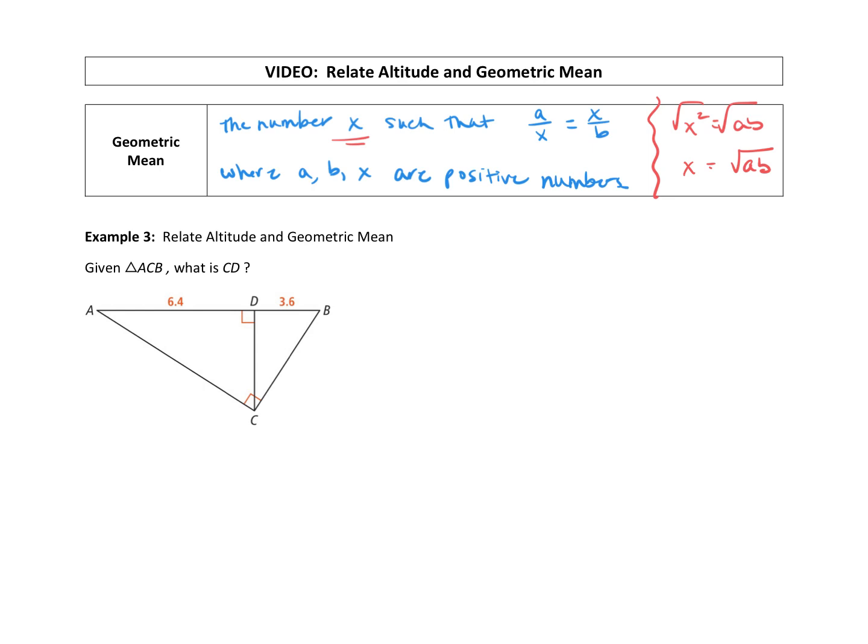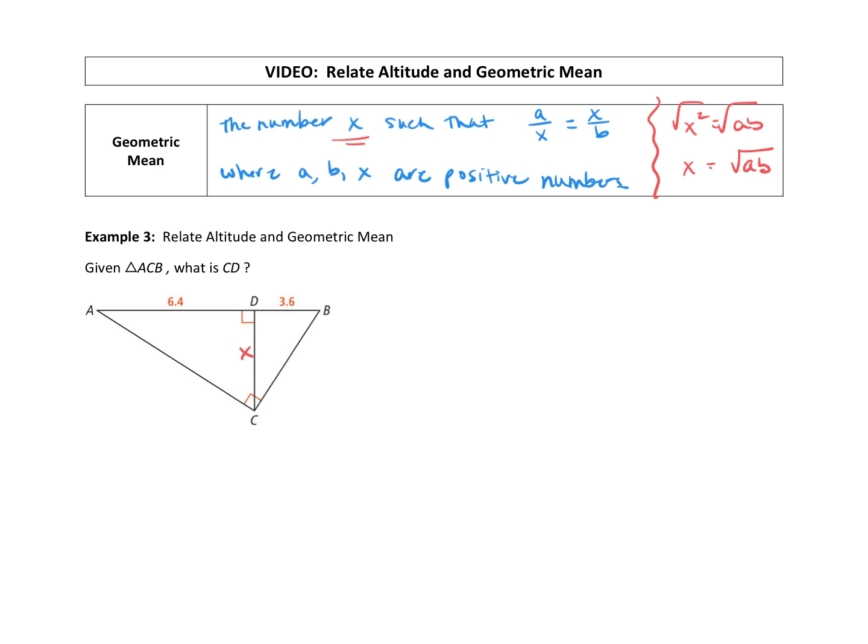All right, so example 3, given triangle ABC, what is CD? So we're trying to figure out what this is right here. So I'm going to go ahead and label CD with an x. That's what we're trying to figure out.